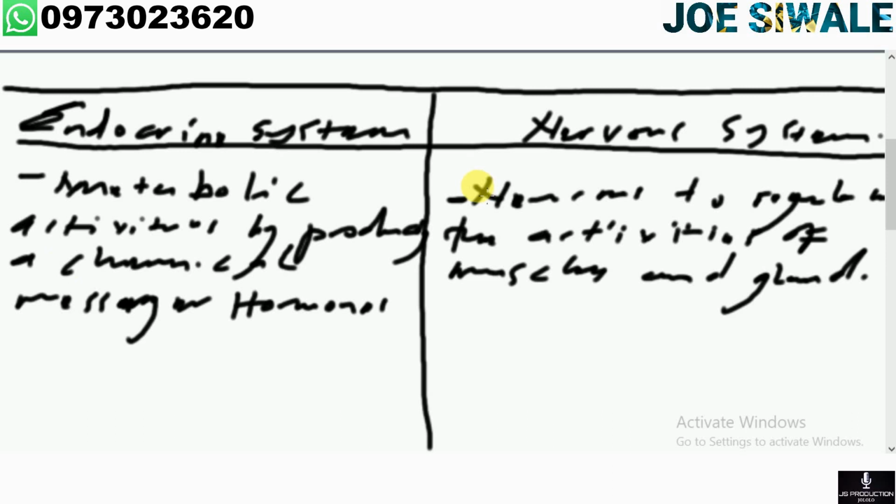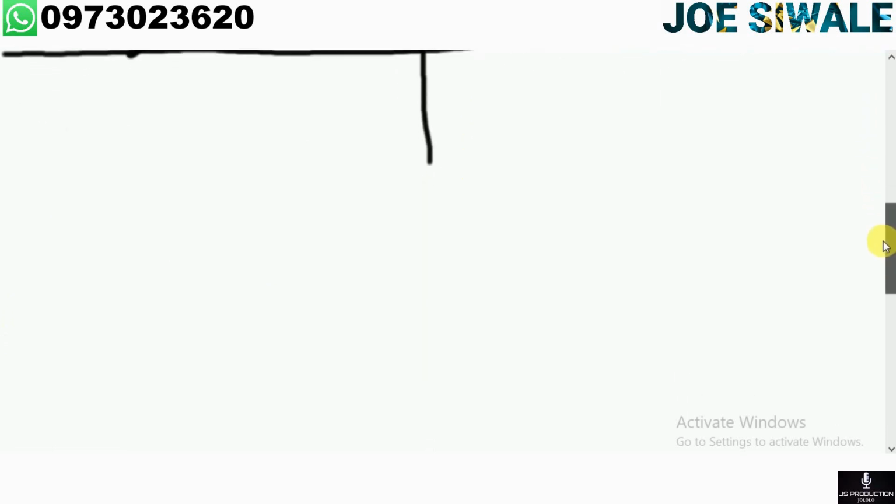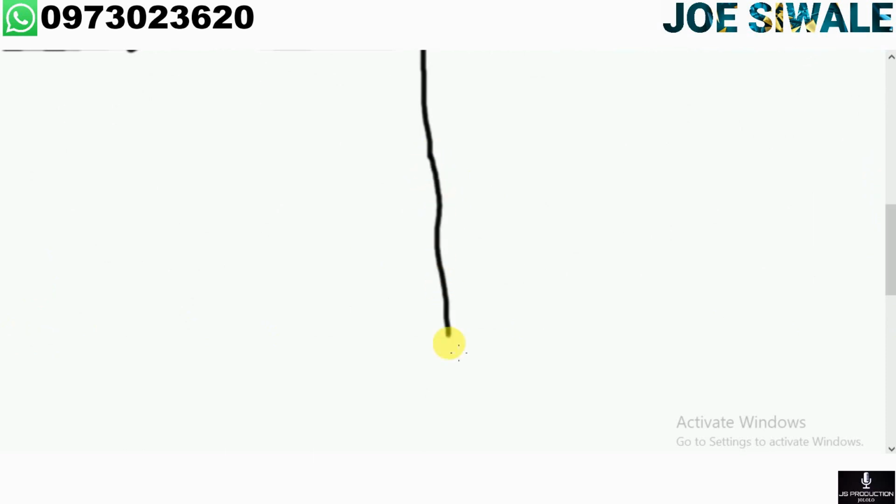Then let us look at the second difference. The hormones are transferred by blood, while the neurons transfer electrical impulses.